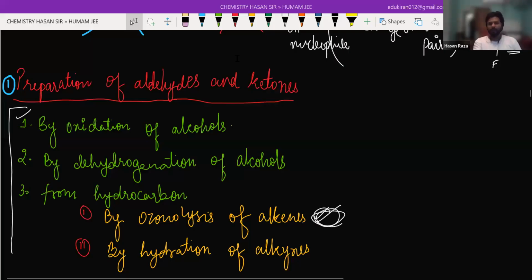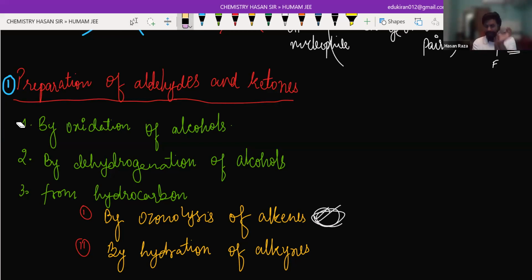Are you getting my point? Yes, sir. And again, I'm going to give you another: addition of Grignard to aldehyde and ketones that we studied in chemical reactions of aldehyde and ketones. I'm going to remind you that when you react aldehyde with Grignard followed by hydrolysis, except methanal, you will get secondary alcohol.